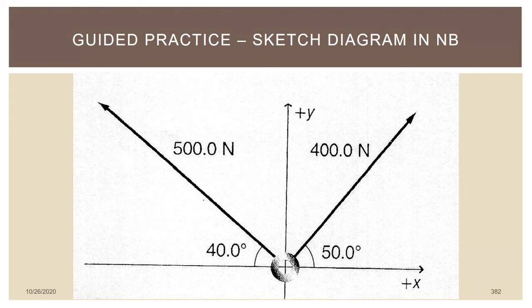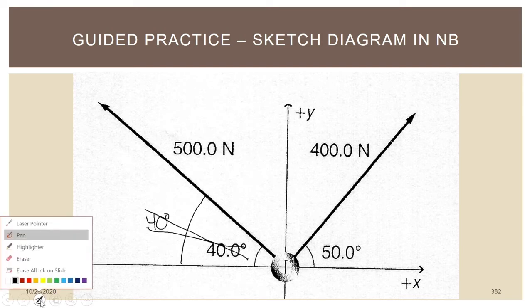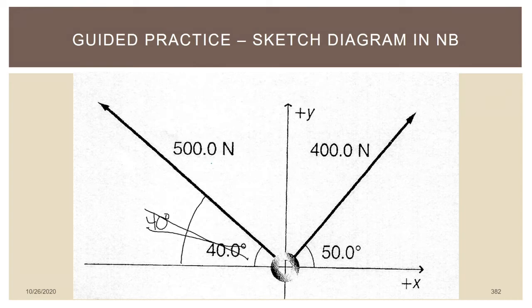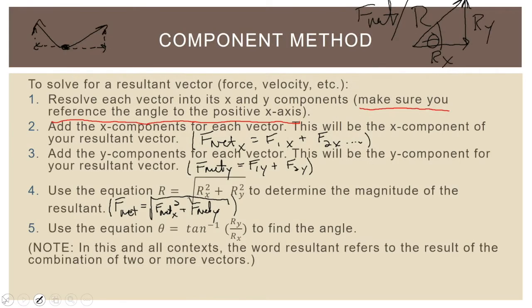Okay. And it says here our second force is 500 newtons. And notice, they tell us this angle is 40 degrees. But I don't actually care about that angle. What I need to know, and I'll do this in a different color just to show the contrast here, is this angle. And the reason why I need to know that angle is because, as it said in the steps, and let me just go back, the angles need to be referenced to the positive x-axis.